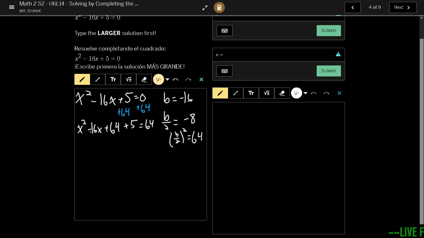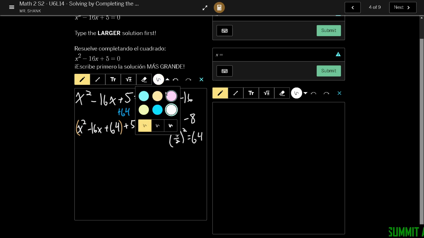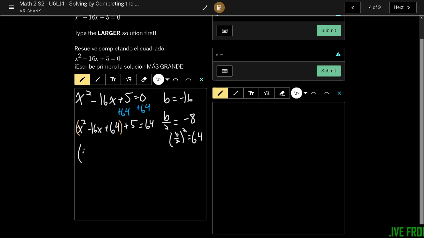This is helpful because now we can group these together. So I'm going to say, all right, first three terms group together. And we're going to switch it from standard form to vertex form. So now I have x, and then I'm going to have b over 2 here. So I'm going to say minus 8. Again, we get that from this term b over 2.